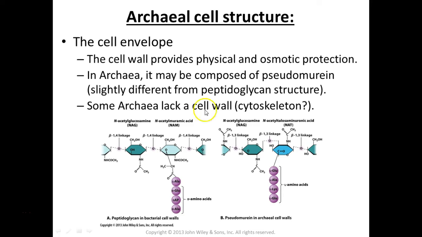And so you'll see they have the N-acetylglucosamine just like bacteria do, but they don't have the N-acetylmuramic acid. They have a different modified sugar, N-acetyltalosaminuronic acid, abbreviated NAT. So this molecule is different, and the amino acids, right, are mirror images, isomers of what you see in bacteria.